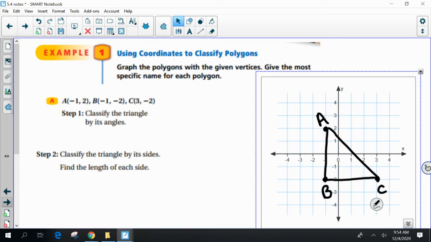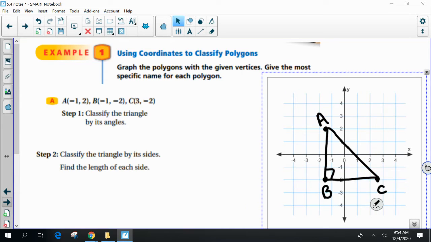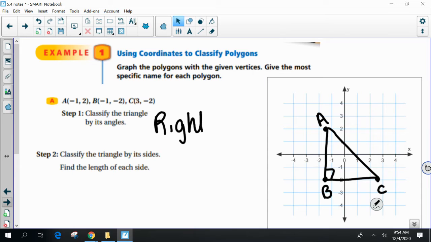Okay, so we are going to classify this triangle by the angles and by the sides. So by the angles, what kind of triangle is this? Kaden? Right triangle. So then if we look at the sides, we can count 2 of the sides. How long is this side?